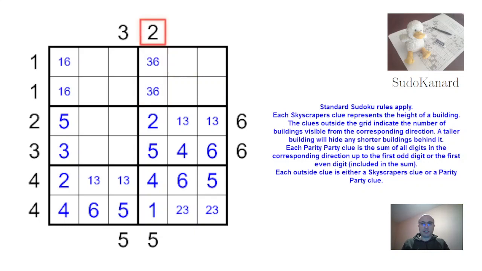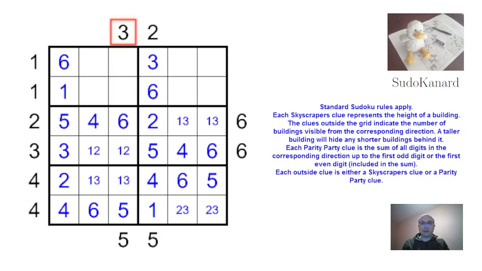3 and 6. Because of the skyscrapers, that's 3 and 6 in this order. Here I have a 6 and a 4. Here a 1-2 pair. And now, because of this 3, we know that it won't be Parity Party because it would have to be 1 and 2 or a 3.